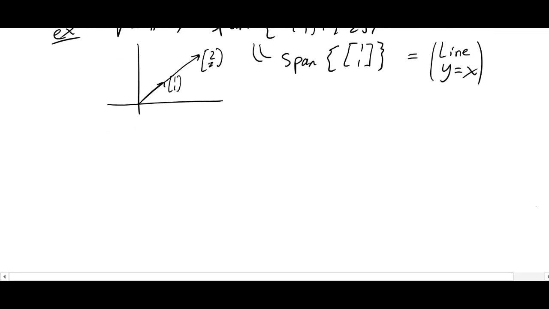So we talked about lines as subspaces, but also you could do planes. So the plane x plus y plus z equals 0 is a subspace of R3.